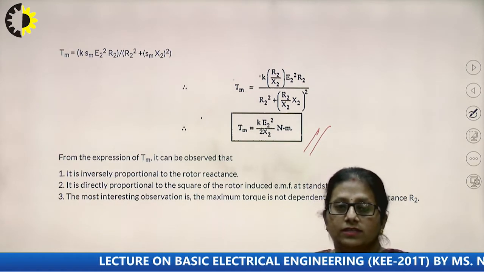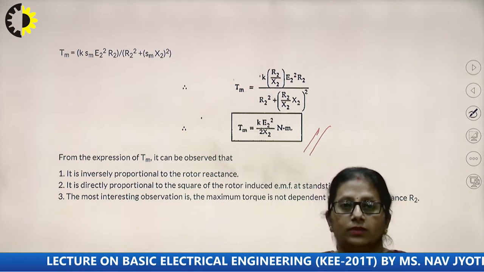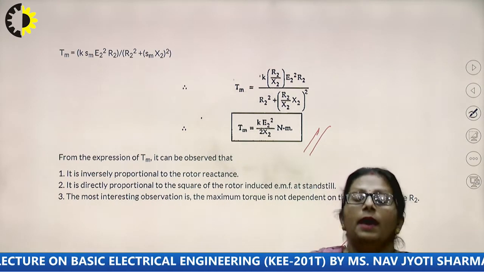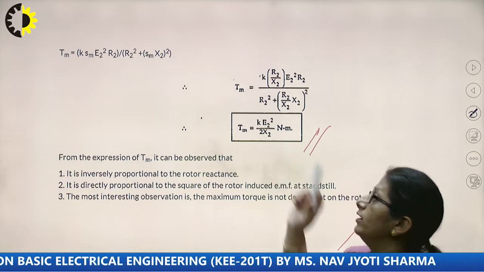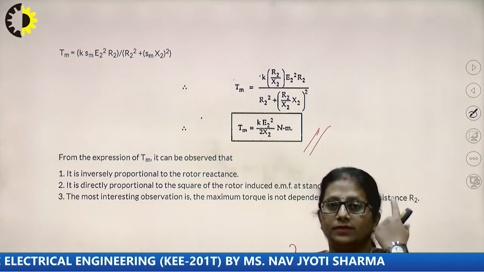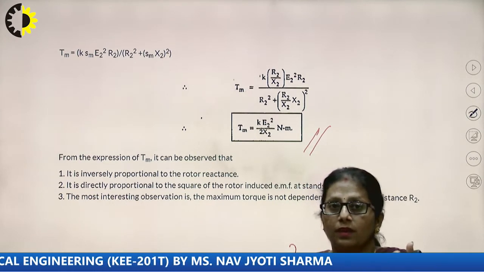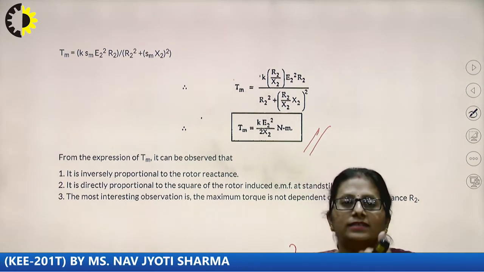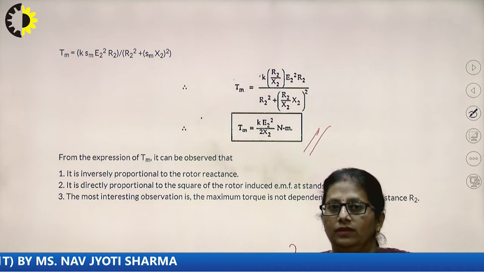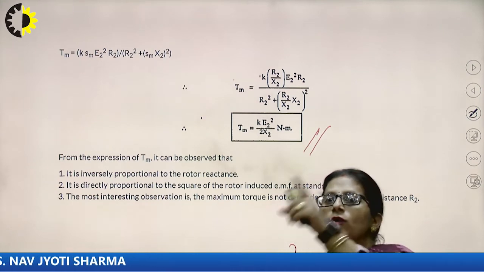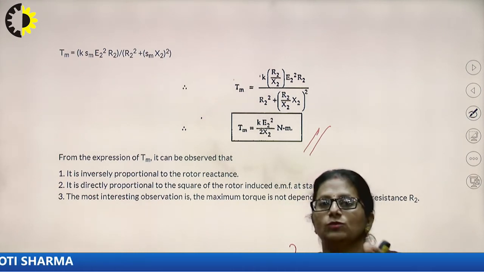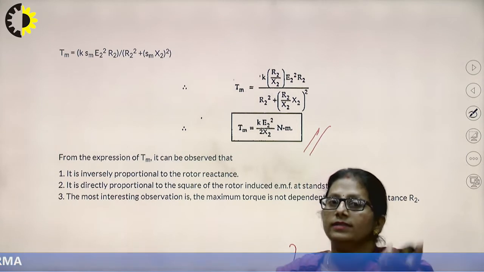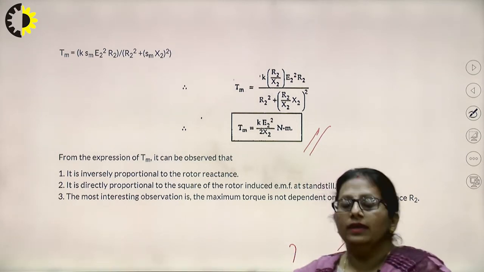As we have seen in the starting torque, as we keep on increasing the rotor resistance, the starting torque will increase. But the maximum torque is not going to increase with the increase in the rotor resistance. But definitely the slip at which this maximum torque is achieved will vary according to the rotor resistance. That Sm is equal to R2 by X2, that is directly proportional, right.